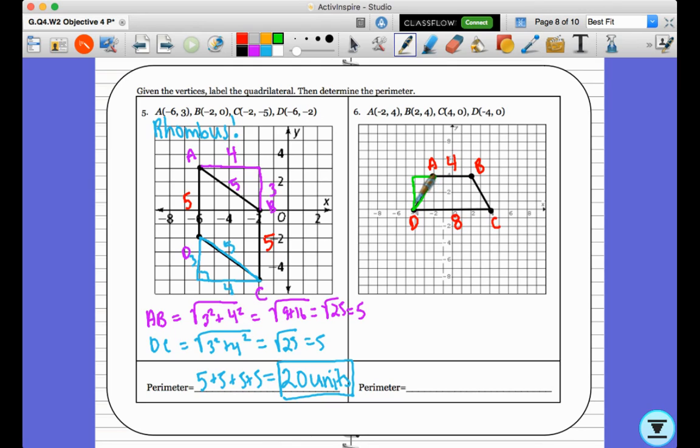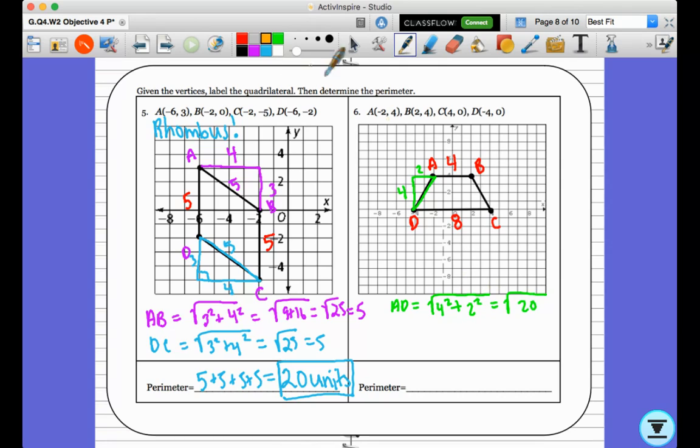So here's my triangle, 1, 2, 3, 4, and 2. So to find AD, I got the square root of 4 squared plus 2 squared. I'm just writing in the square root symbol first because I know in the Pythagorean theorem the last step is the square root. 16 and 4, so it's the square root of 20.